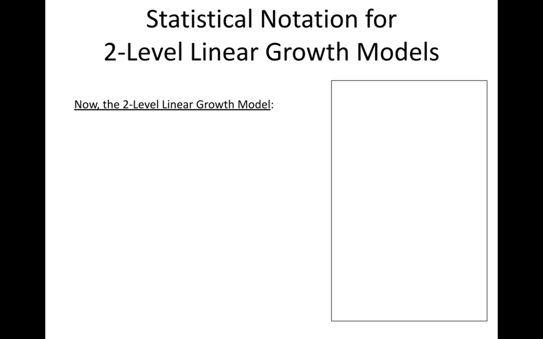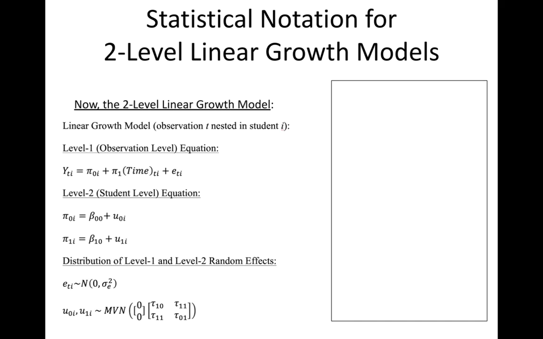Okay, so let's talk about this in terms of the notation. This was the notation that we learned last week for a growth model. So we have T's and I's in this model. We have person I, who is at level 2, and time T, which is at level 1. So we have observations or times that are nested within individuals.